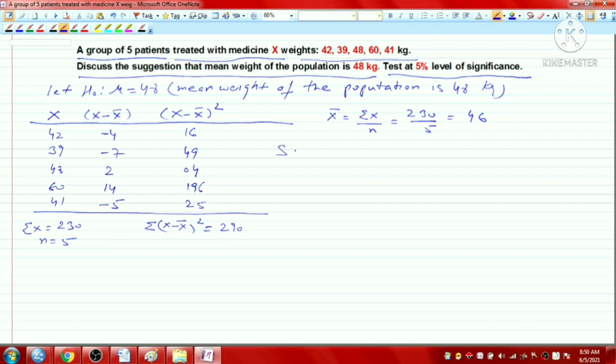Let's calculate the standard deviation. S equals under root of summation x minus x dash whole square divided by degrees of freedom, n minus 1. Under root of 290 divided by 5 minus 1, which is 4, equals 8.514.